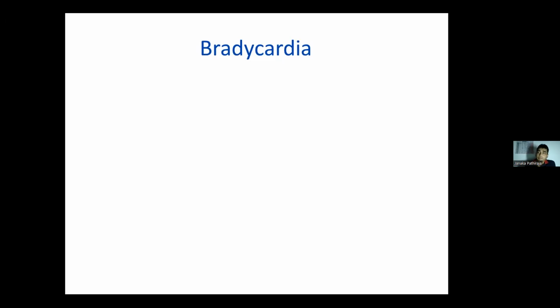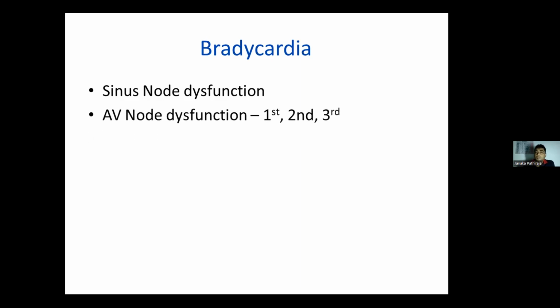That is how we classify bradycardia, depending on where the disease is. So based on that classification, bradycardia can be divided as sinus node dysfunction, a problem in the sinus node, and then AV nodal dysfunction.